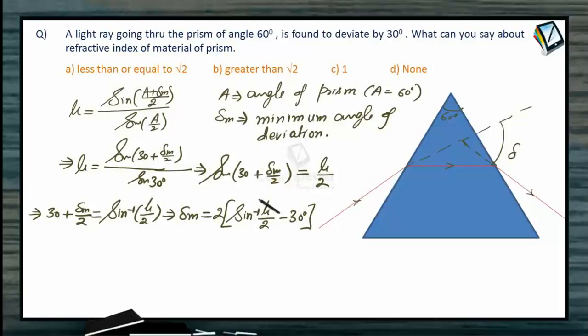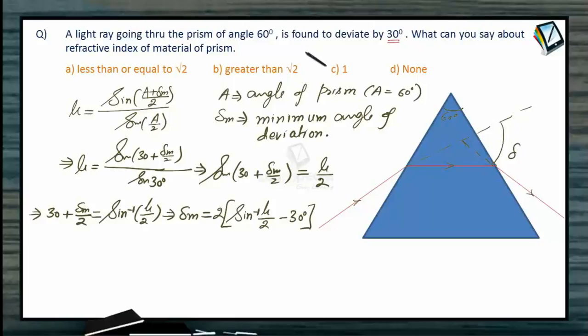As it is said that for a particular ray, the angle of deviation is 30 degree. In this particular prism, angular deviation for one particular ray is 30 degree. That means whatever the delta minimum is, it must be what? Less than 30 degree, because this 30 degree can be either the minimum angular deviation or any other deviation, which has to be greater than the minimum.